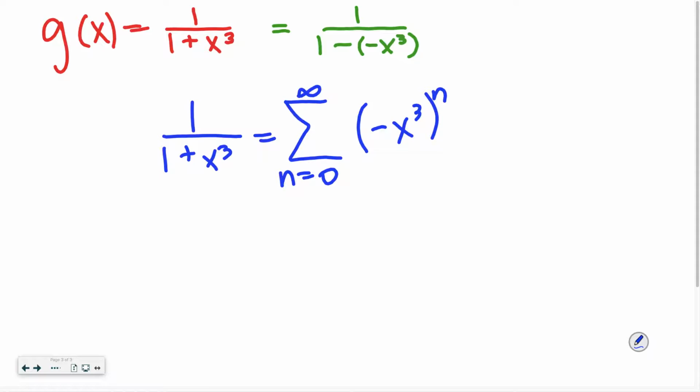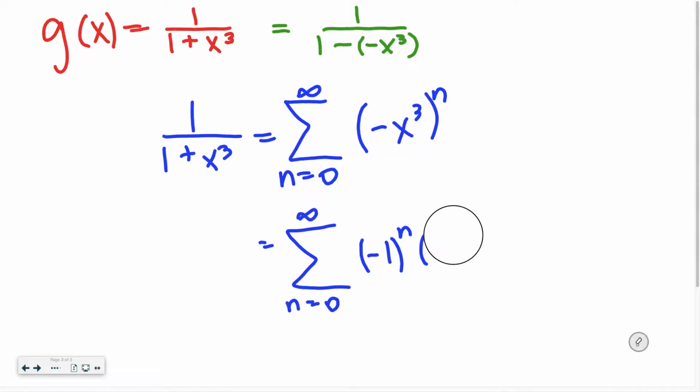Can it just be 3 plus n? It'd be 3n. Oh, it would be 3n. I would write this as negative 1 to the n, x to the 3n. So then you could see it as that alternating series.